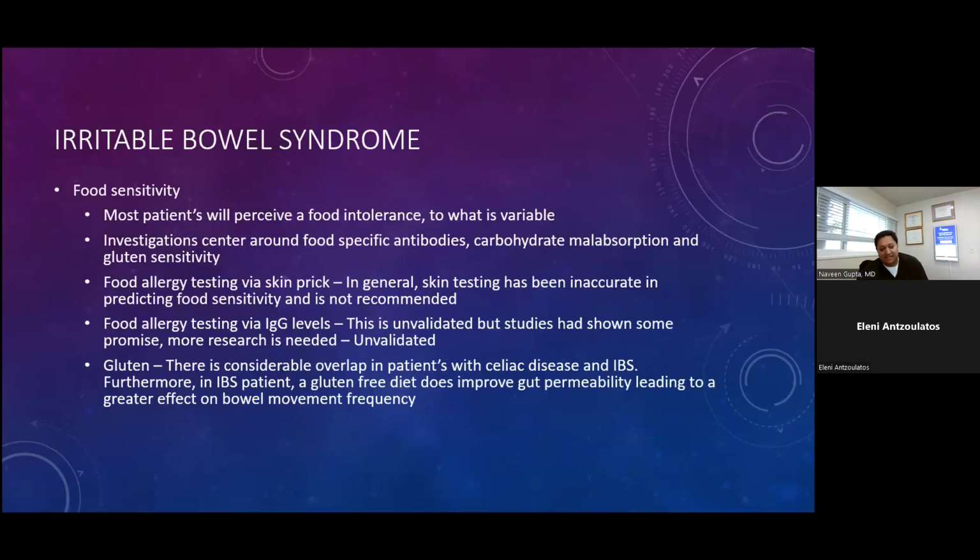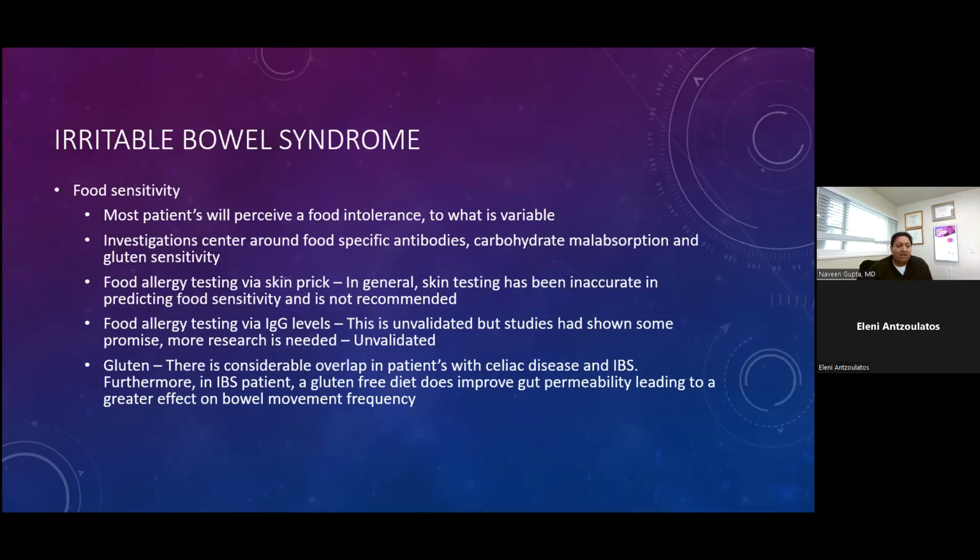Food sensitivity. This is probably, after the microbiome, the second most common thing a patient wants to talk about, and rightfully so, is what food should I eat or shouldn't I eat to help me with my symptoms? Almost every patient with irritable bowel syndrome will tell you that there's a trigger. Just a few days ago, I had a patient tell me that it was grapes, and grapes is a possible trigger for irritable bowel syndrome.